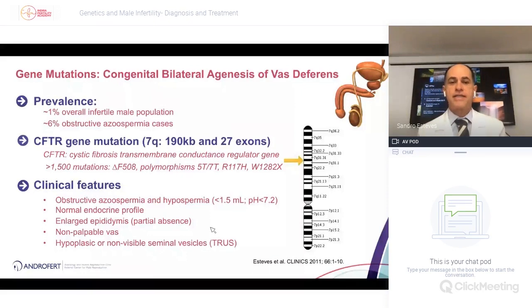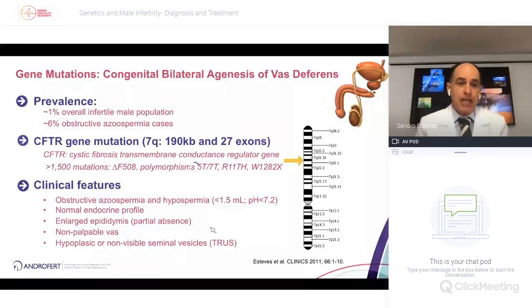So not necessarily will the populations have the same set of mutations.